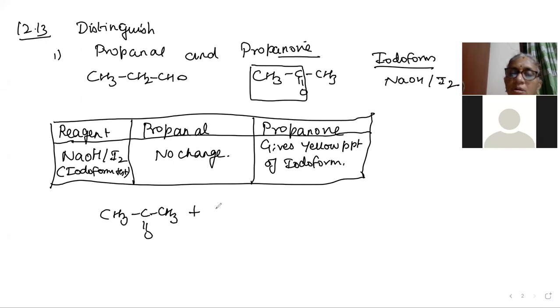So ketone plus iodine in the presence of sodium hydroxide. You can either write like this, or you can just write that when NaOH and I2 react among themselves, they form NaOI, sodium hypoiodite. So either you write this or just combine them together and write NaOI.